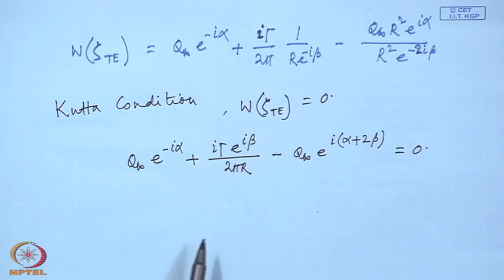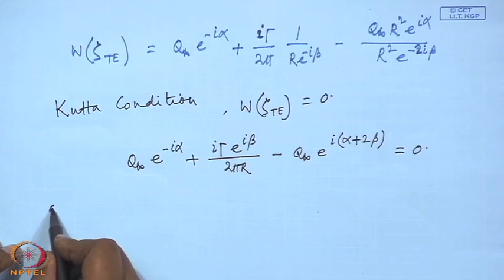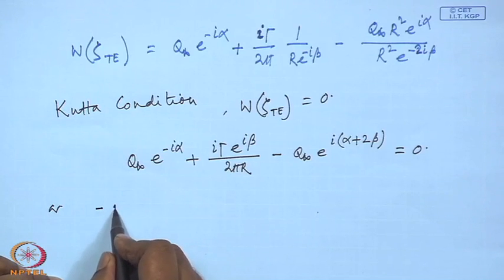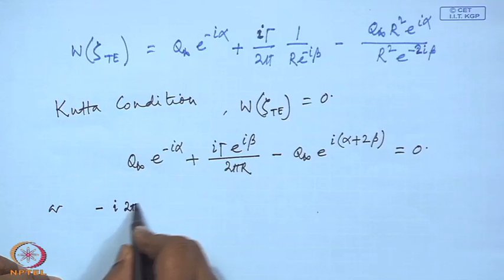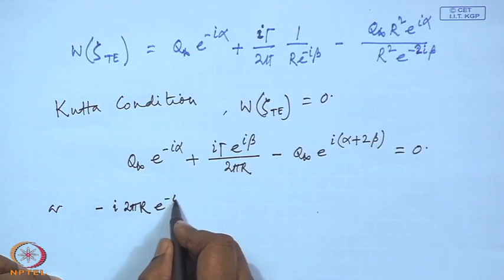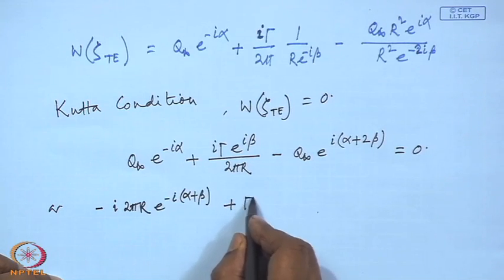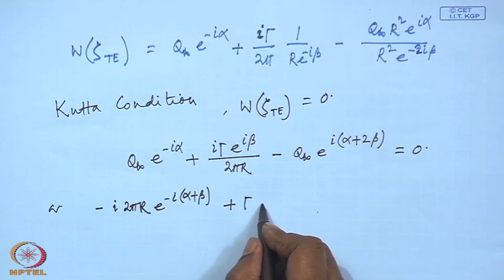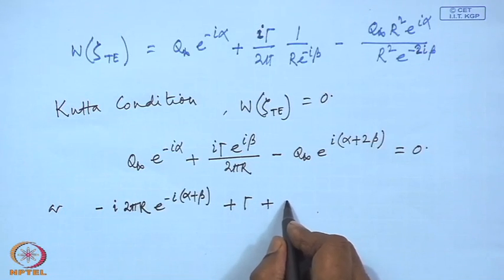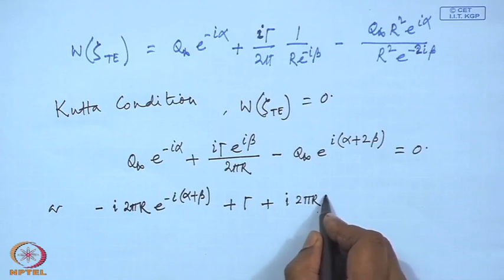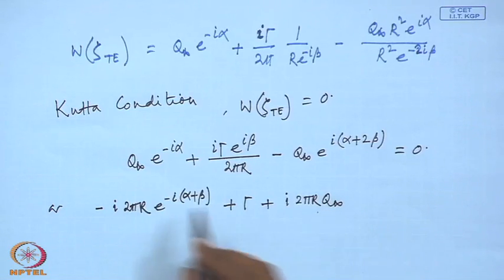What happens if you multiply by that minus i e to the power minus i beta 2 pi r? This q infinity I have missed.